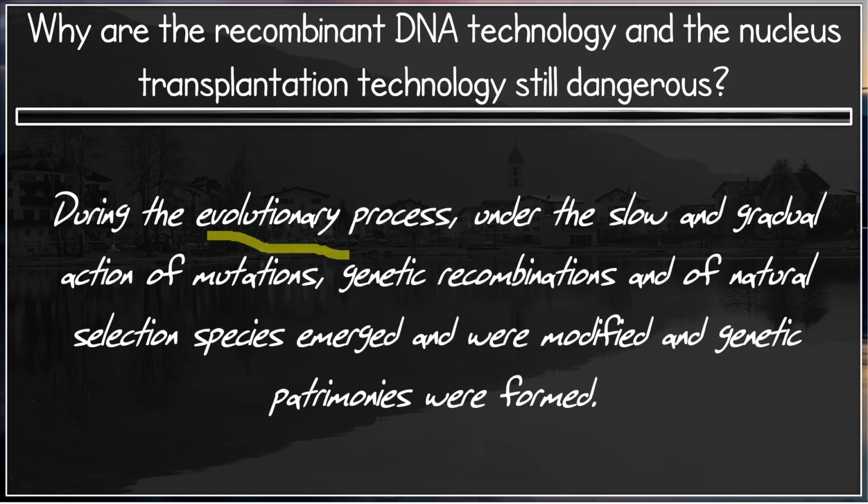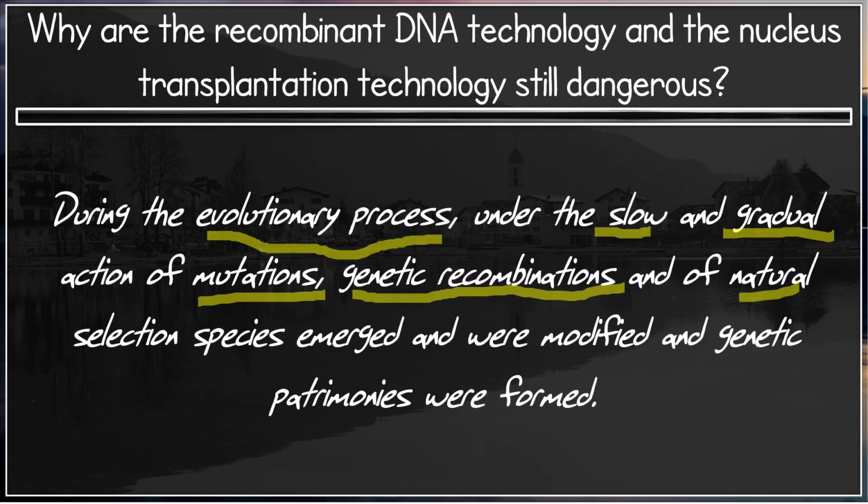During the evolutionary process, under the slow and gradual action of mutation, genetic recombinations, and natural selection, species emerged and were modified, and genetic patrimonies were formed.